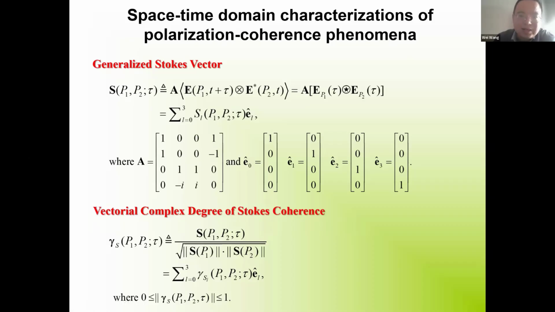This generalized Stokes vector has a dimension of 4 times 1. Therefore, this generalized Stokes vector also has base vectors.